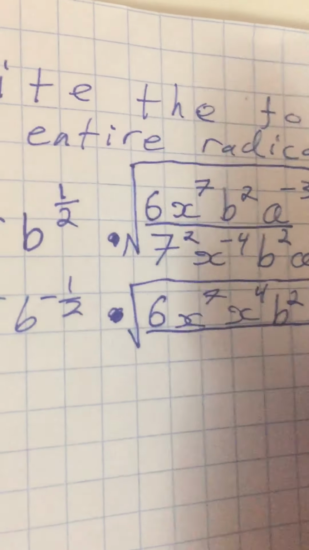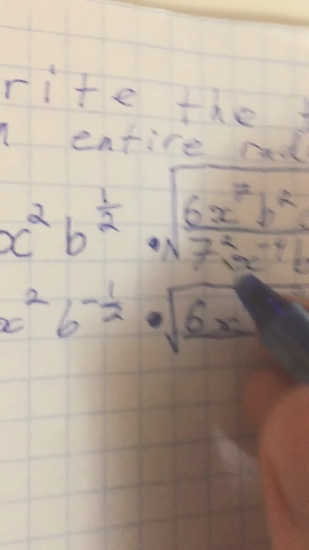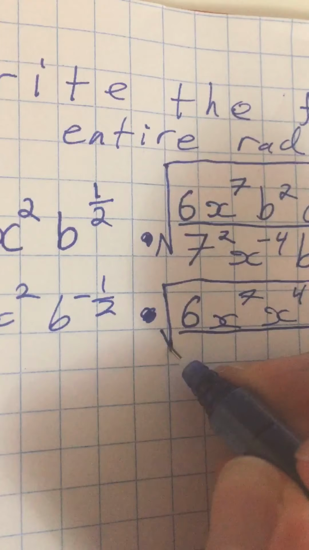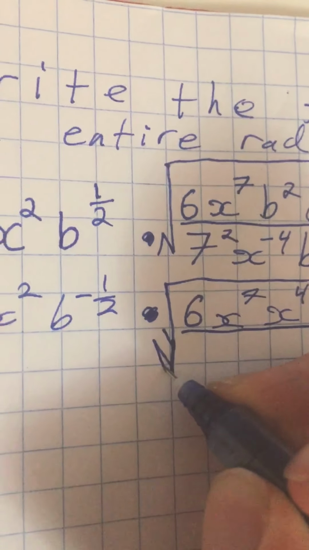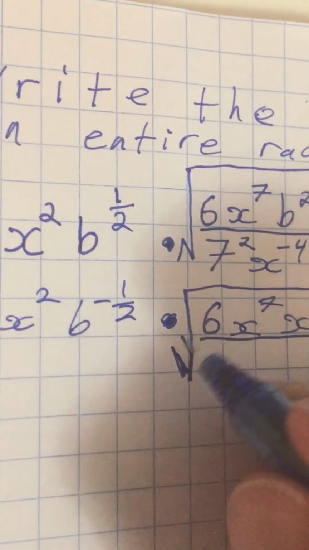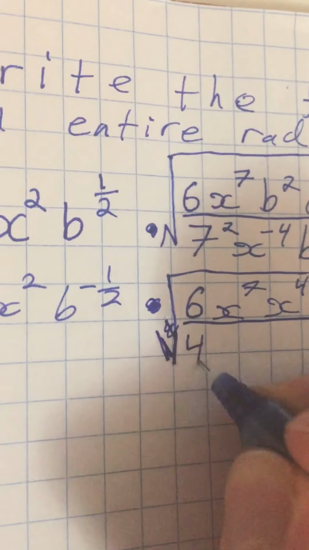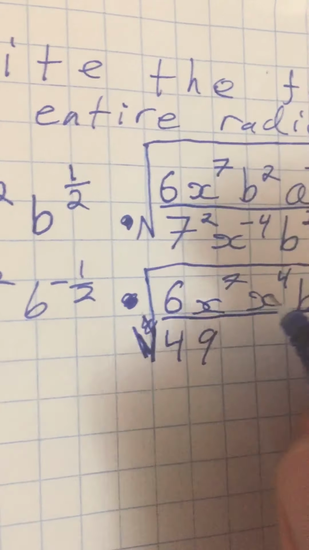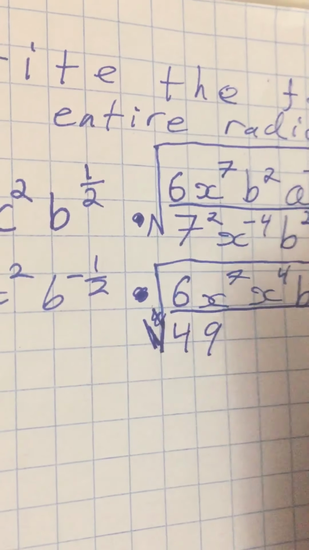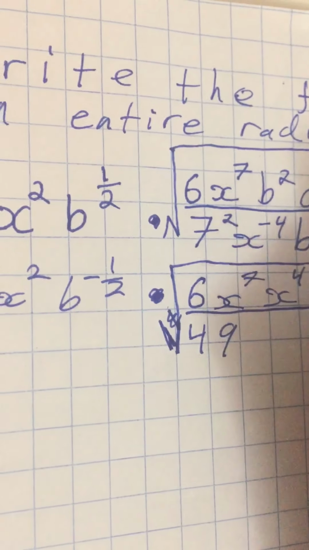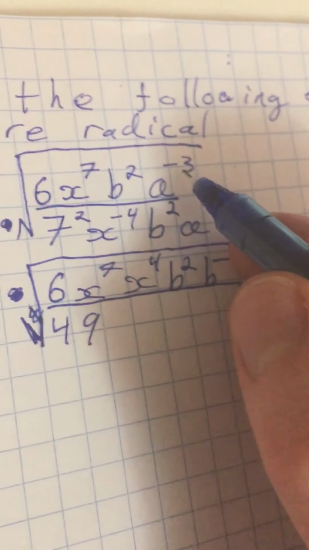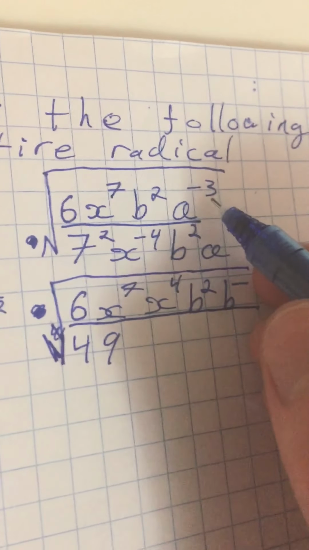And we know, or at least we should know at this point, that 7 squared is equal to 49. And I'm just extending this sign here. I know it's not pretty, but that's okay. It's math, not a Michelangelo painting.